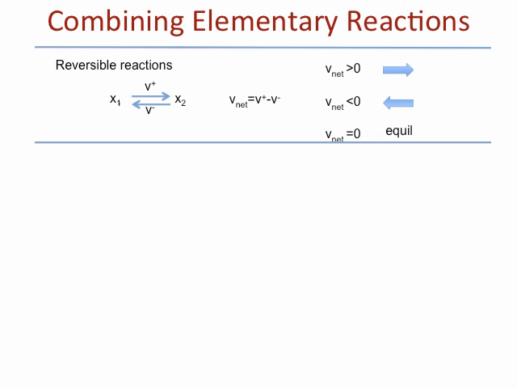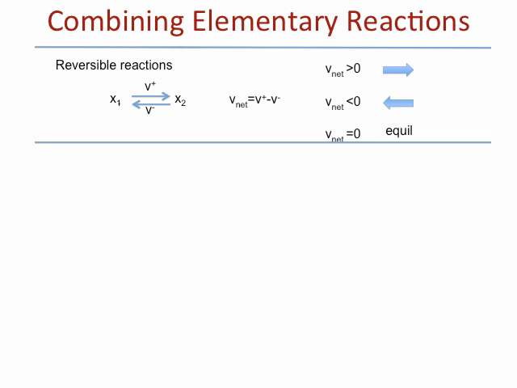Therefore, we often combine them into one net reaction, which would be the forward minus the reverse. Now, this net reaction rate, which is a combination of the two elementary reaction rates, can be positive or negative. If it is positive, the reaction is proceeding from left to right or in the forward reaction.